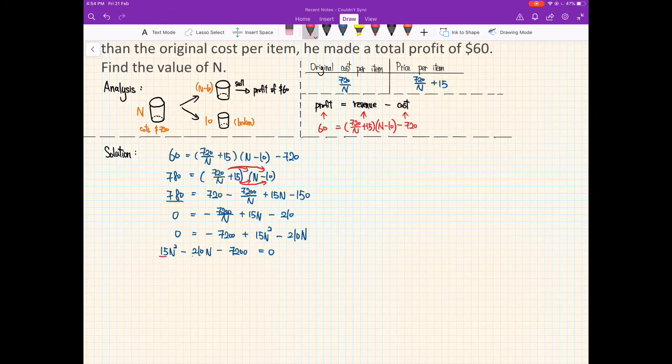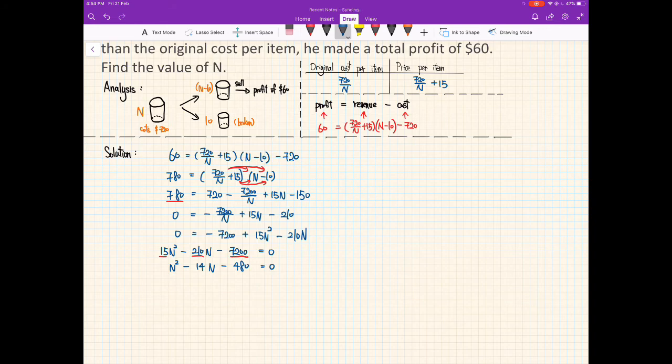Since we have 15, 210, 7,200, we can divide both sides by 15. We get n squared minus 14n minus 480 equals 0. This is a quadratic equation.